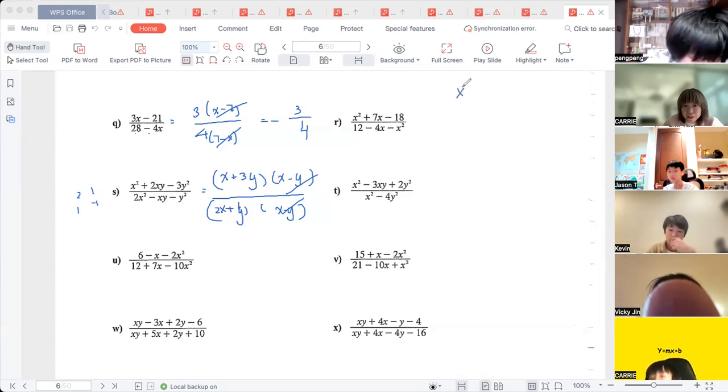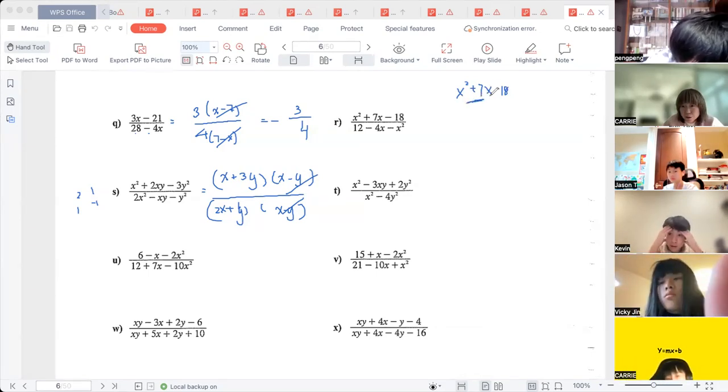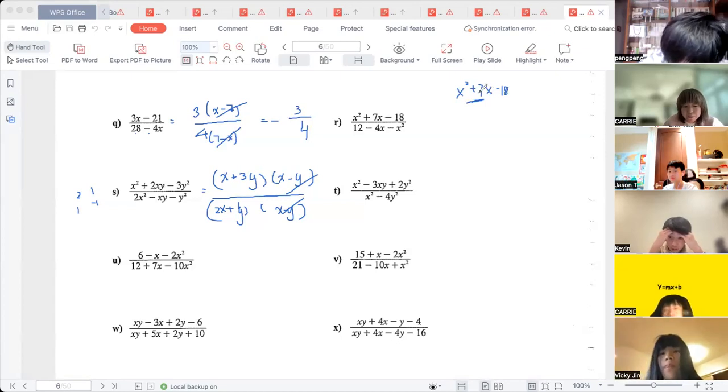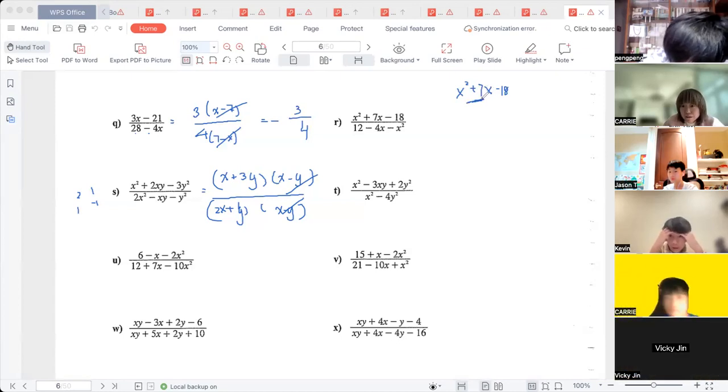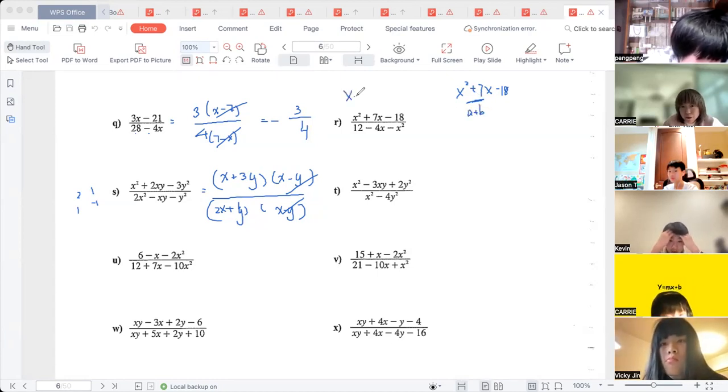If I have x squared plus 7x minus 18, okay? So the 7 in front of the x equals a plus b. When we factor them, it is x plus a times x plus b.